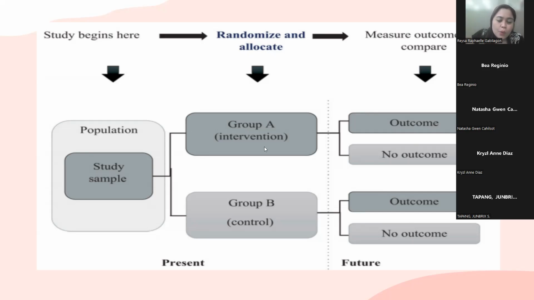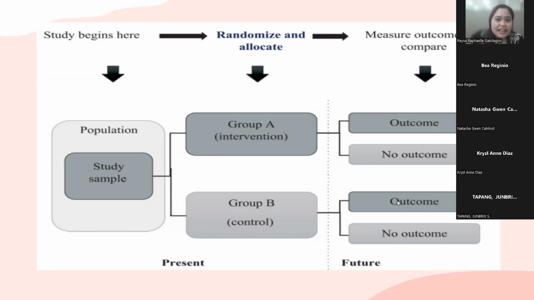The one group of the blood sample was treated with the plant material, that's the intervention, and then the other group of the blood sample receives the positive control. If I'm not mistaken, may gumamit no ng heparin. Tama ba? Heparin ata yun. And then the other group is just a control or a negative control.